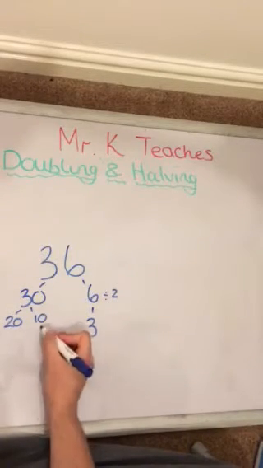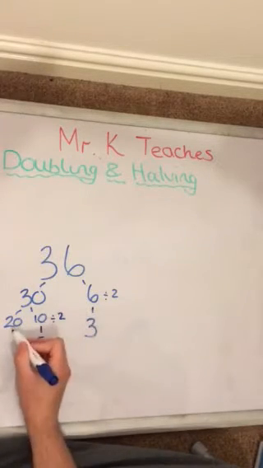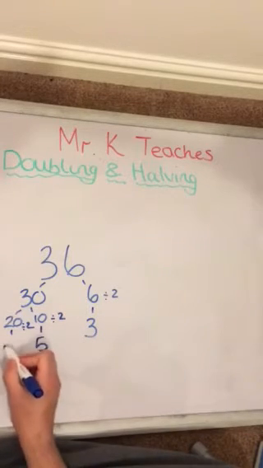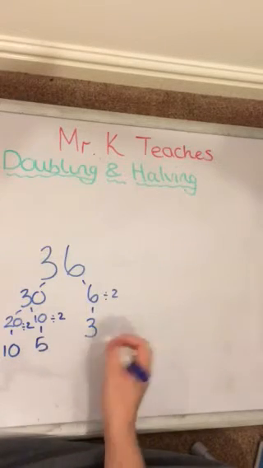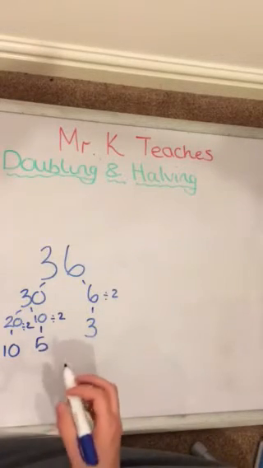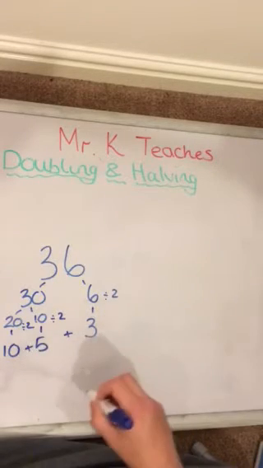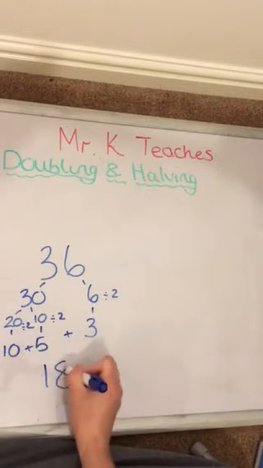So half of 10 is 5, so that's 10 divided by 2. And then 20 divided by 2 equals 10. So I've now got 3 numbers left. I've got a 10, a 5 and a 3. I'm going to add all of those together. So 10 plus 5 plus 3. 10 and 5 is 15. Add another 3 equals 18.